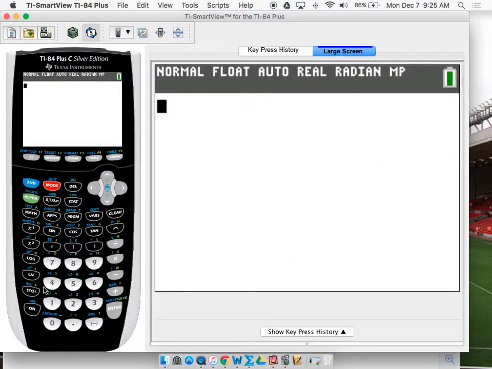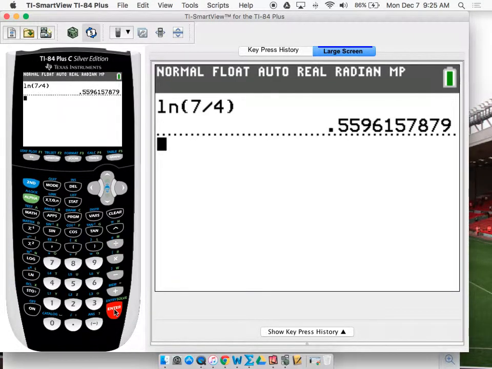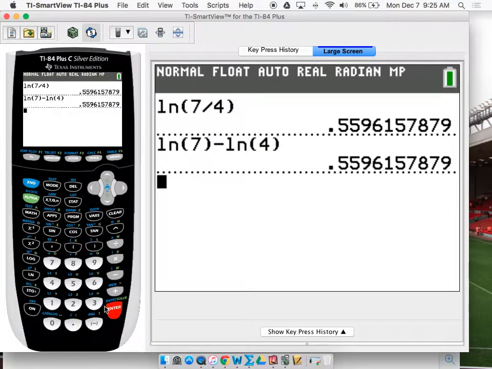So if I take the ln of 7 over 4, I get 0.559. And then if I take the ln of 7 minus the ln of 4, I get the same thing.